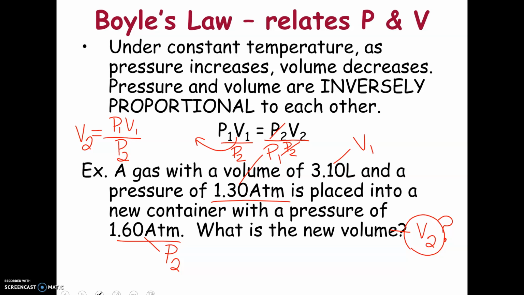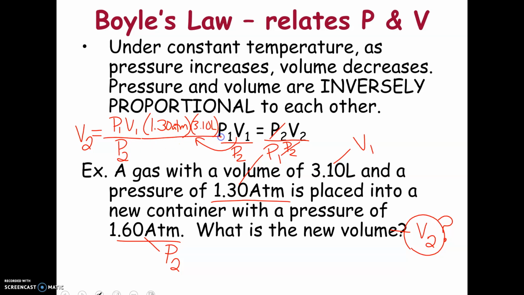And I like to include the units when I do this because if you include your units, you will be able to see what cancels and what units our answer will be in. And this will also kind of back you up that you're setting it up correctly. So my P1, 1.30 atm times my V1, which was 3.10 liters.